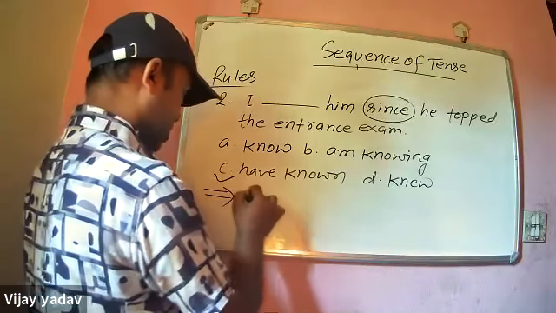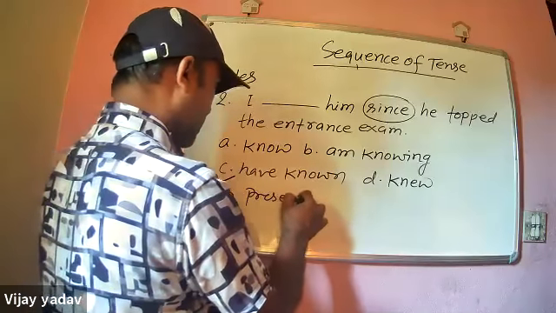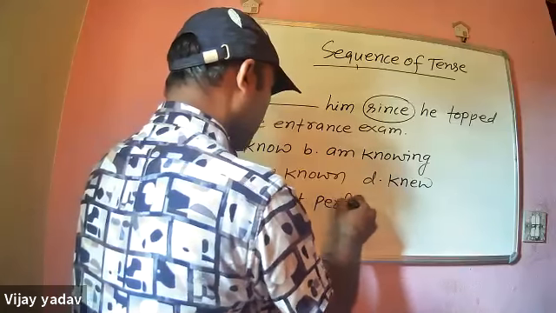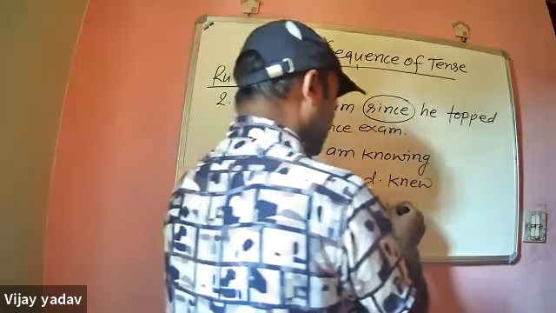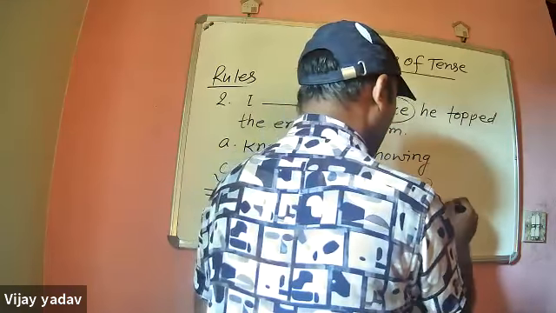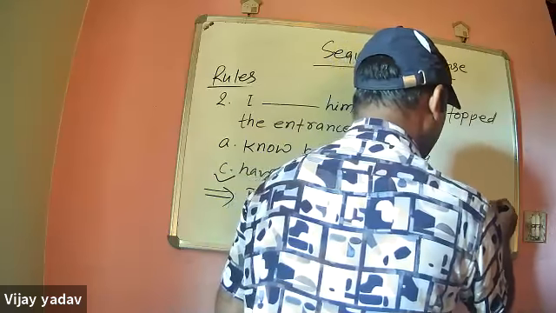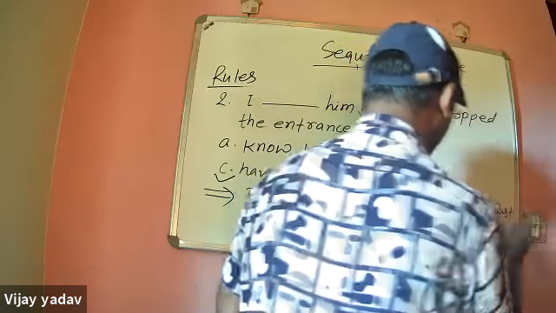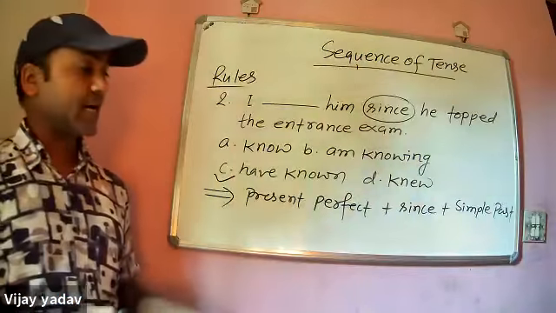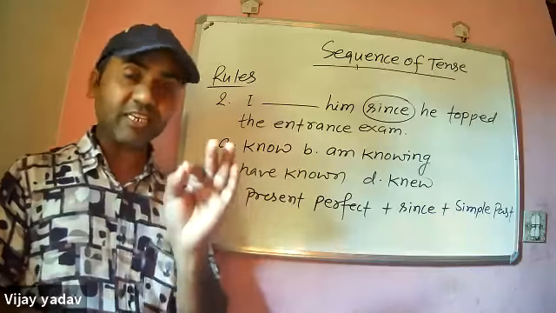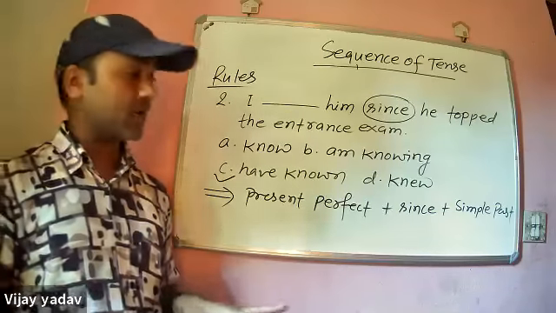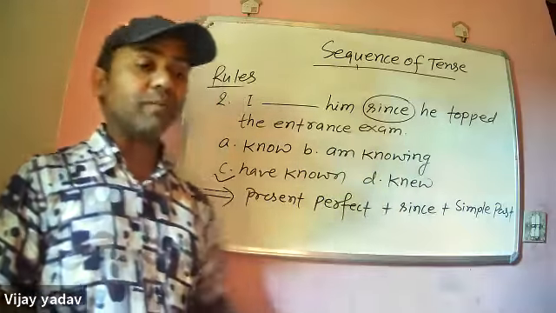So you write the structure: present perfect plus since plus simple past. Isn't it? If two clauses are joined by since, then generally before since we use present perfect, after since we use simple past.